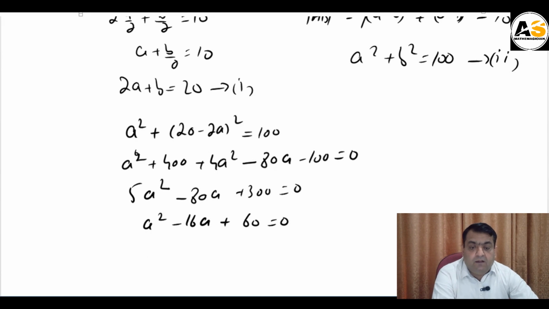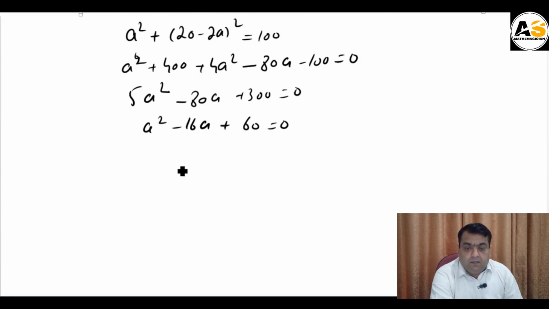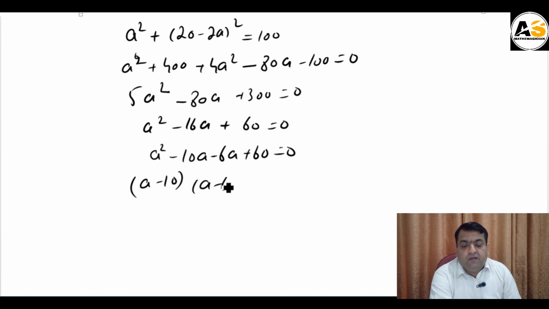Now a square minus 10a minus 6a plus 60 is equal to 0. (a minus 10) into (a minus 6) is equal to 0. a will be 6 or a will be 10.